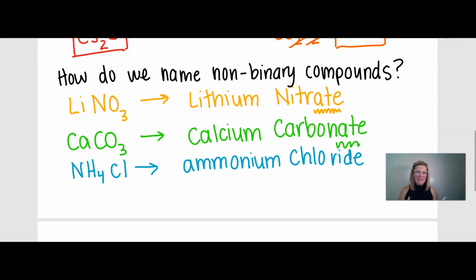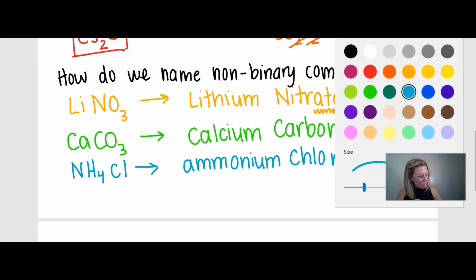Now, you might be thinking, well, Miss Daly, this one does end in IDE. Why is that the case? The answer is it depends on where your multi-atom ion comes from. We're going to introduce that term in just one moment, and I'll come back to that one.